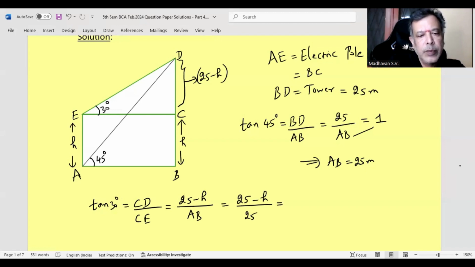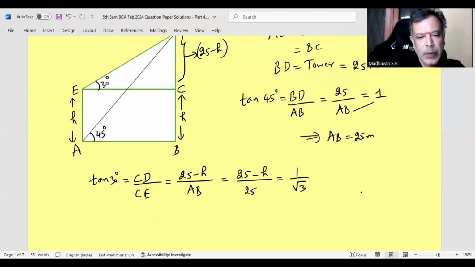Now, tan 30 degrees is 1 by root 3. So we can rewrite this as 1, that is 25 by 25 is 1, minus h by 25, is equal to 1 by root 3.